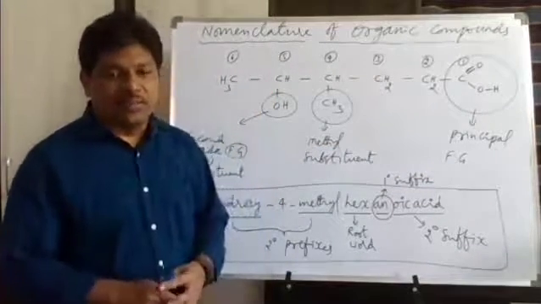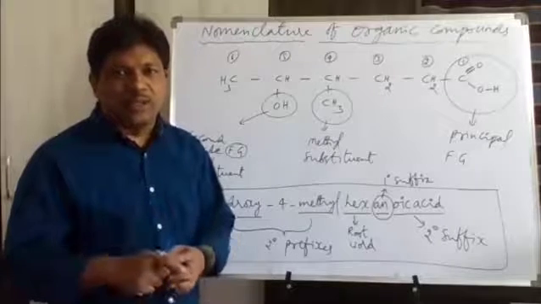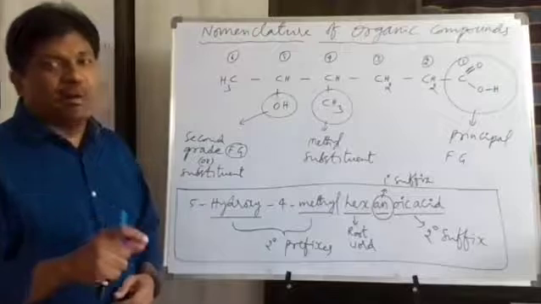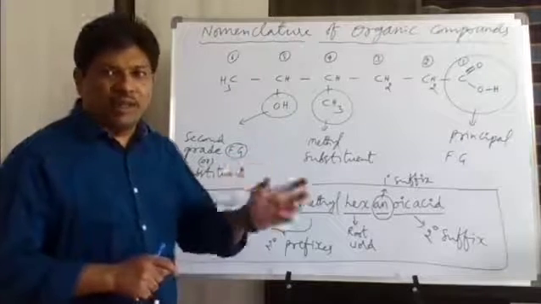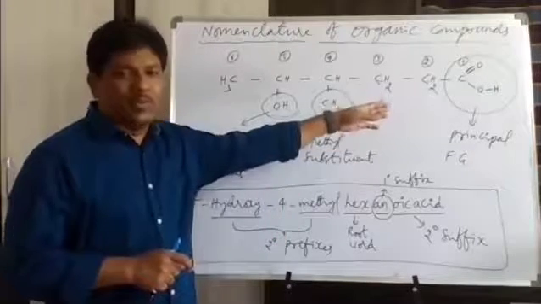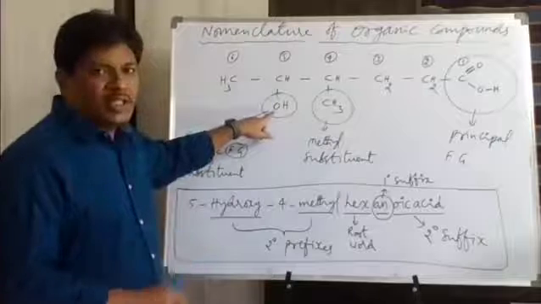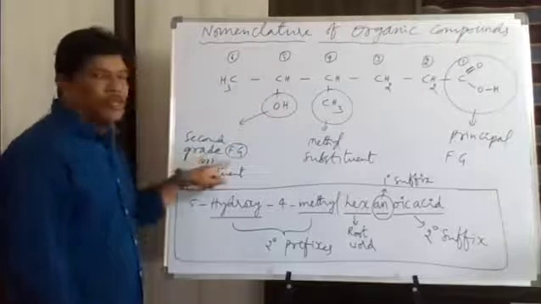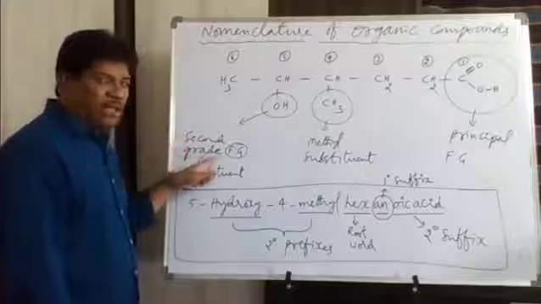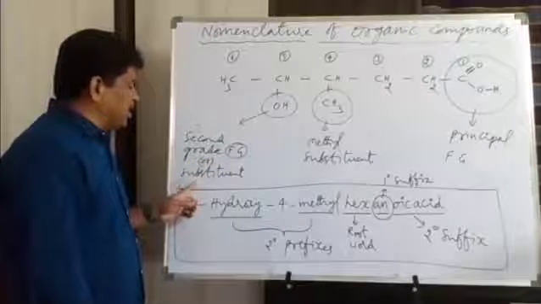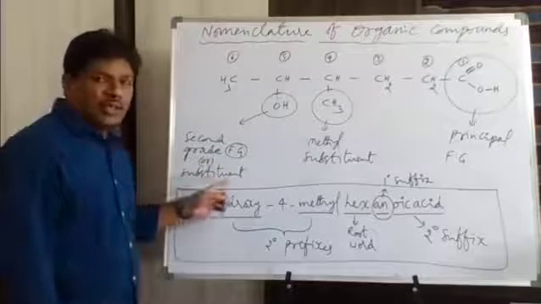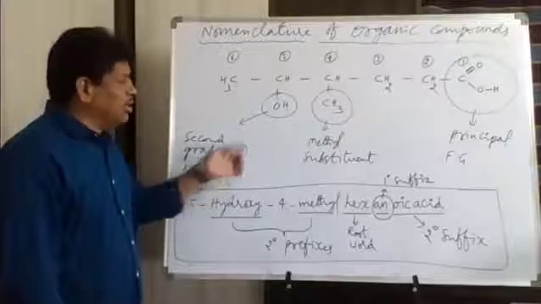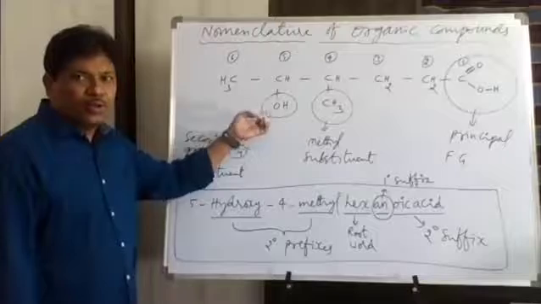In the previous session we discussed one example, where I told you the secondary suffix indicates the name of the principal functional group. Here the principal functional group is COOH, and the other functional group, OH, the alcohol functional group, will act as a second grade functional group, or simply a substituent. This is the less senior group.